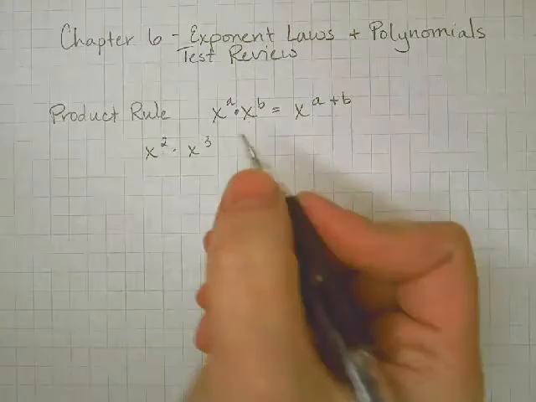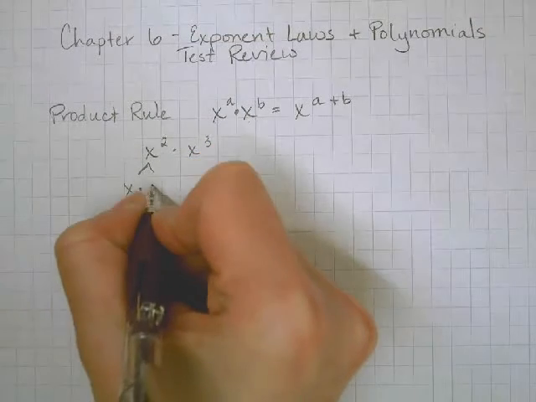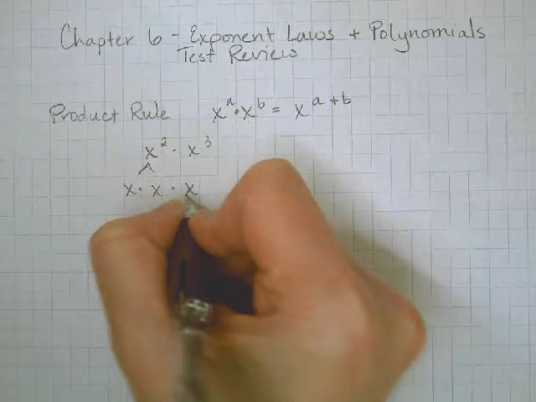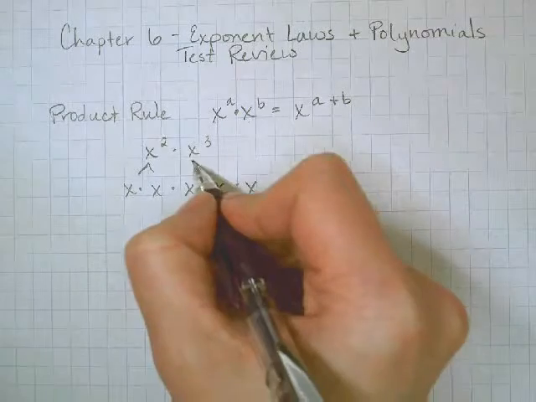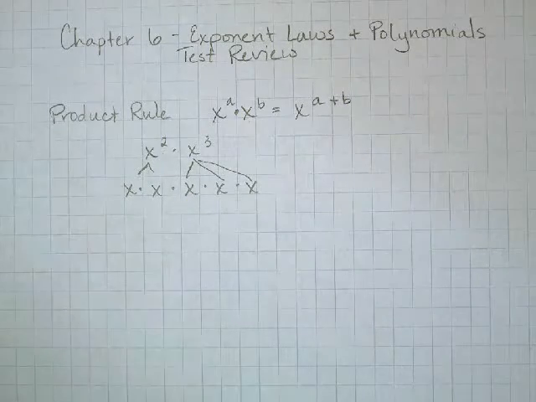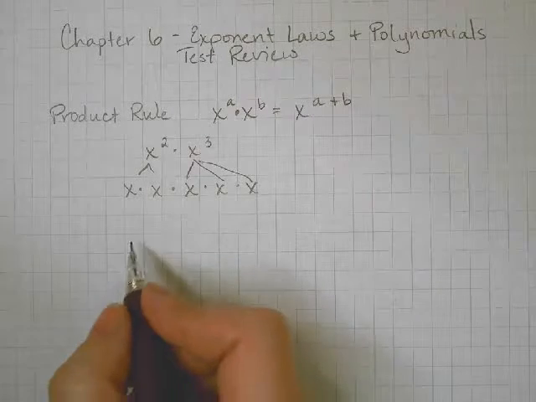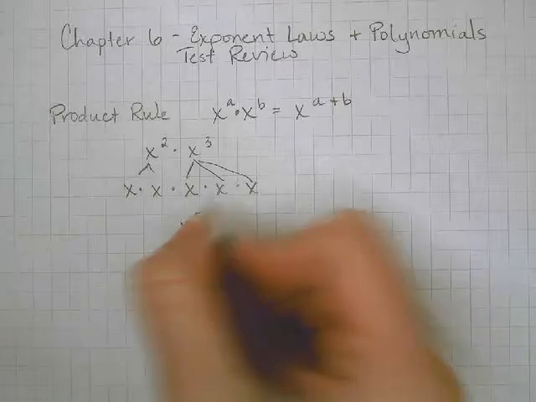X to the second is expanded to be x times x. Drop down that times. X to the third is x times x times x. So if I expand that out, I'm multiplying x by itself a total of 5 times. So that is x to the fifth.